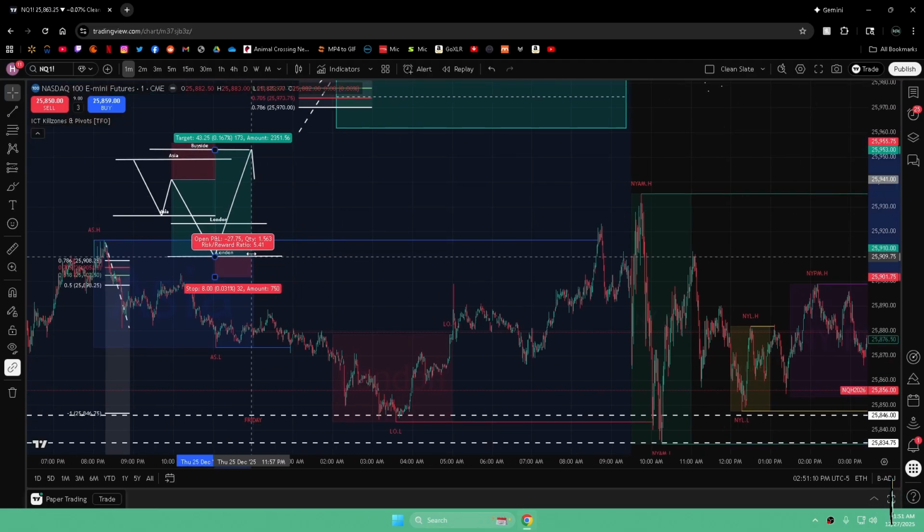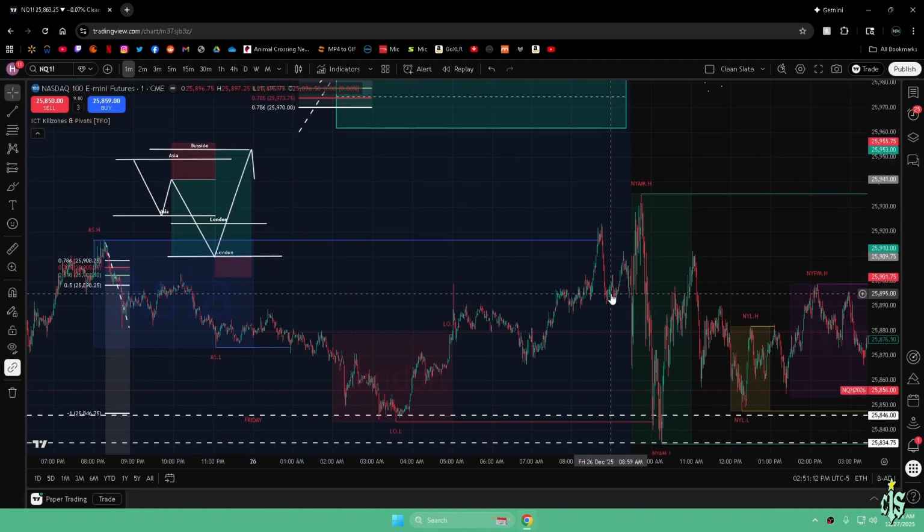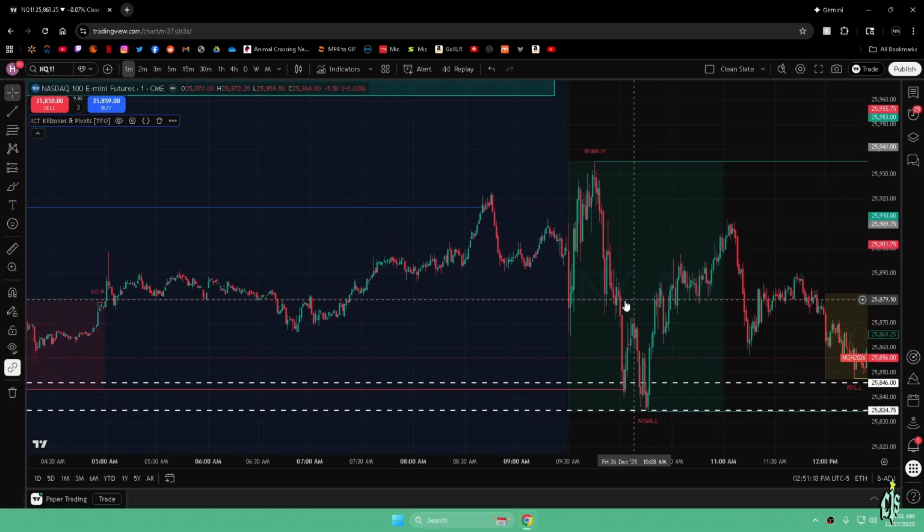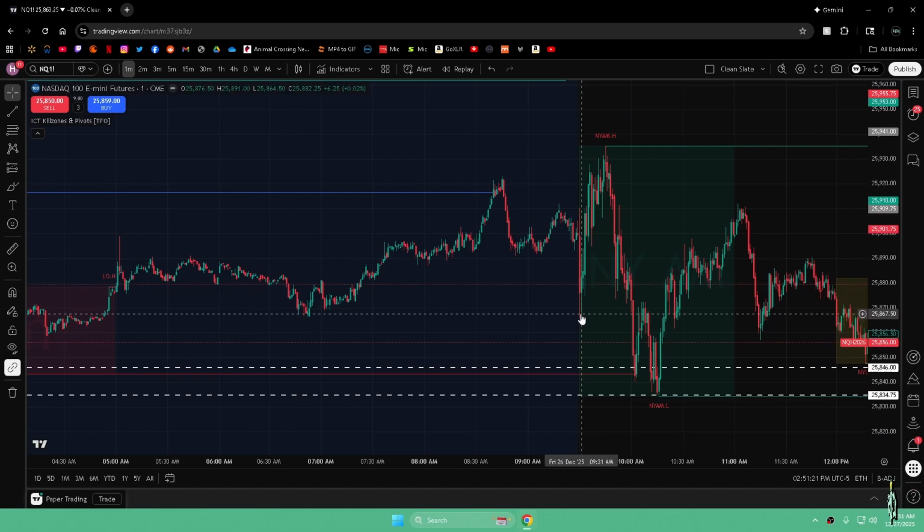This is that pullback. Now, New York Open manipulates. With this wick, it takes out London highs, but not really. It's like a fake sweep. This is what I considered it at the time. This is a fake sweep.